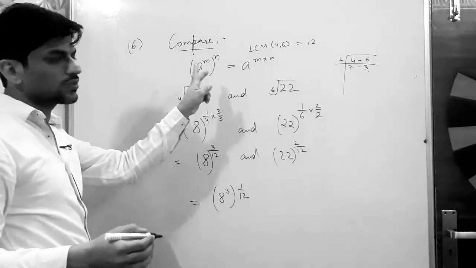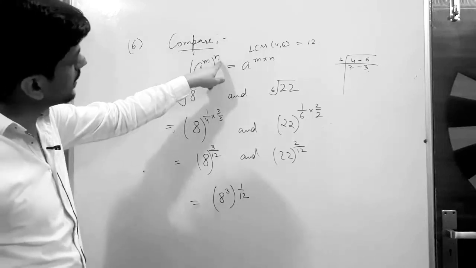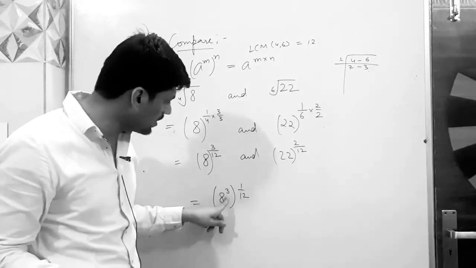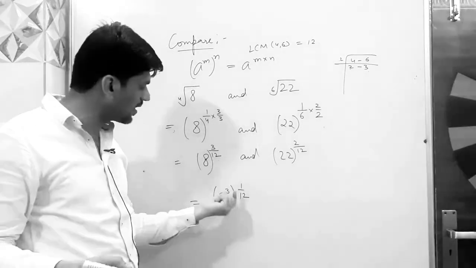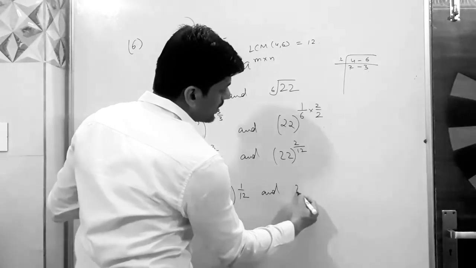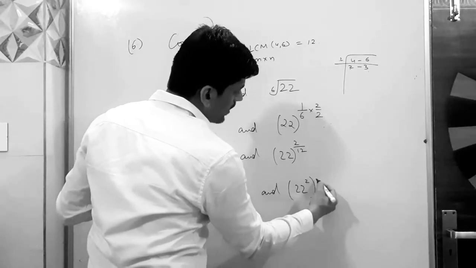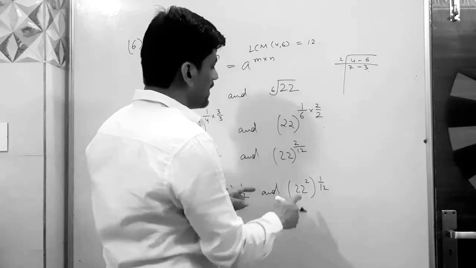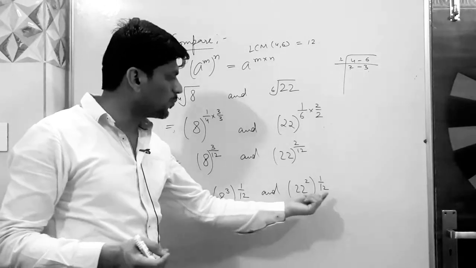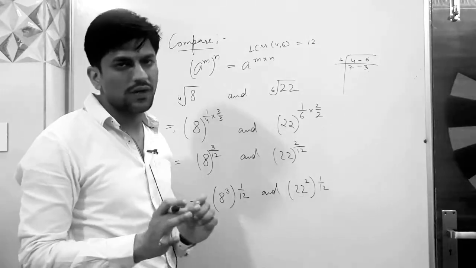So 3 into 1 by 12 becomes 3 by 12. Similarly, 22 raised to the power 2 into 1 over 12. Now you can clearly see both numbers have the power 1 by 12.